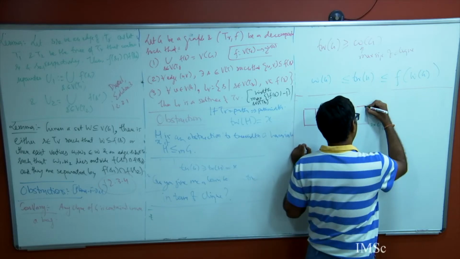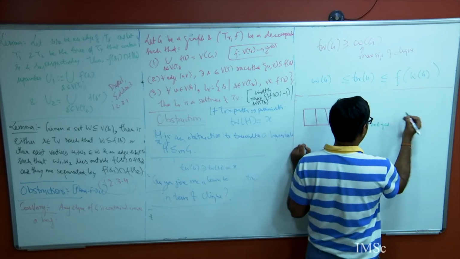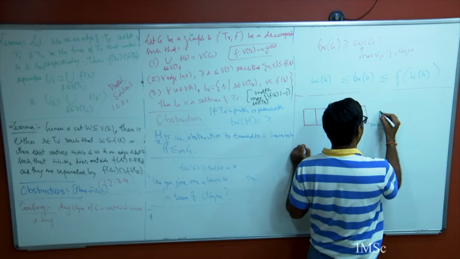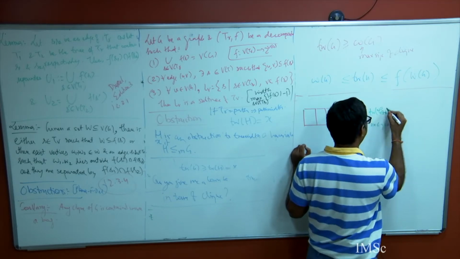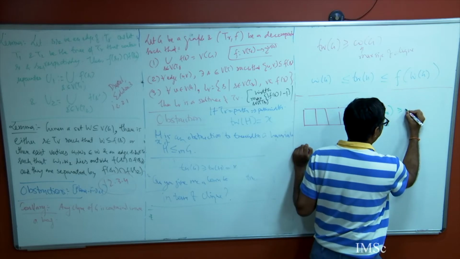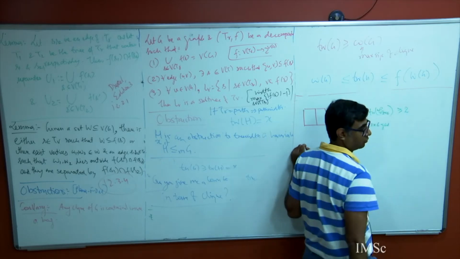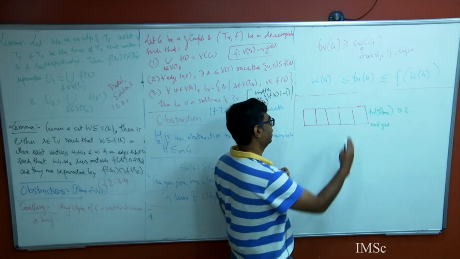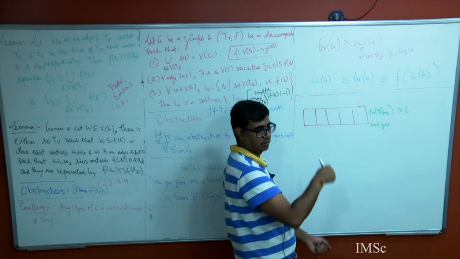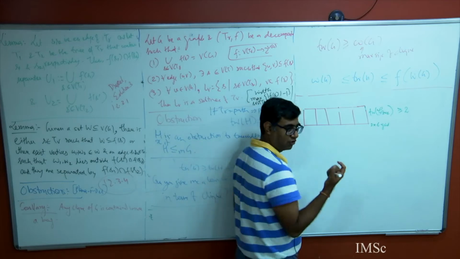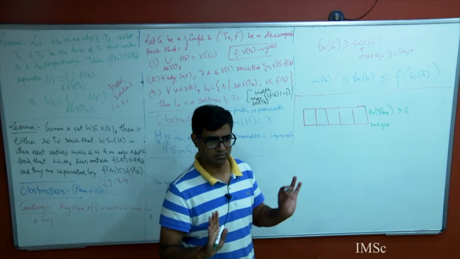Clearly, the tree width of the 2 cross 6 grid is at least 2 because it contains this. How? I can delete all this and then contract this, so I will get a triangle, because a triangle is a minor of this graph. So this is clear.